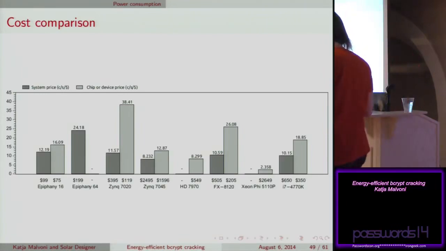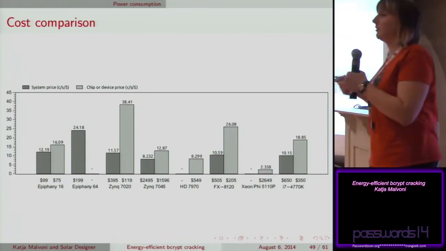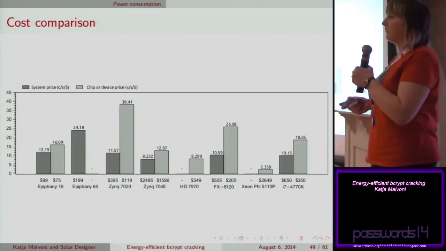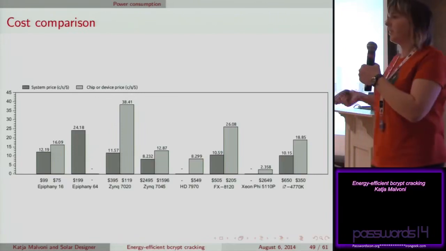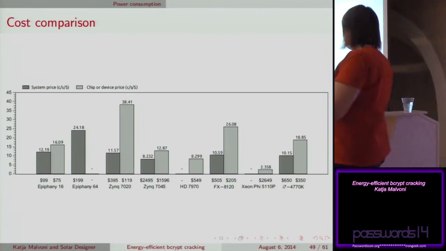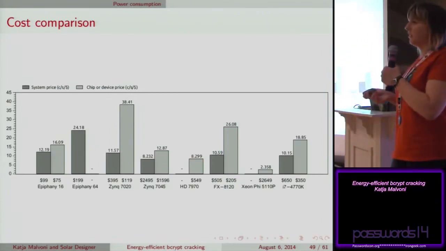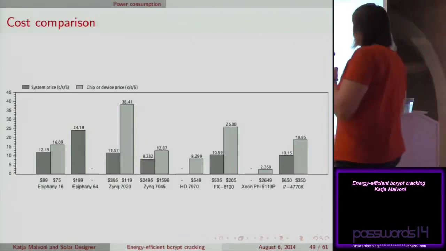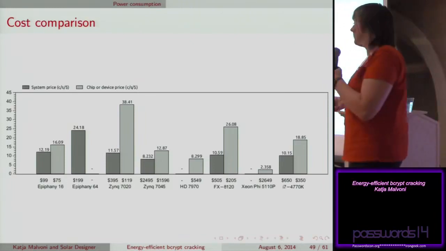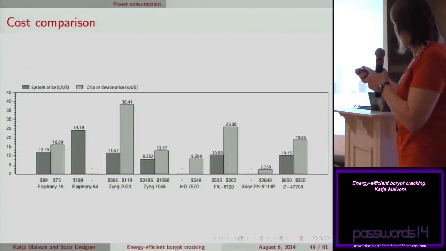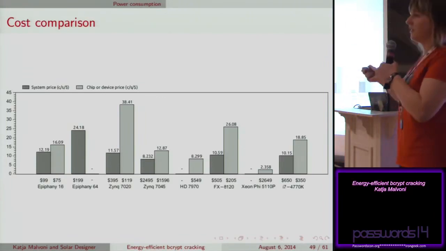Here it is important to note that all of these are prices at introduction, because it was the most fair to use the prices of brand new hardware; the older hardware prices dropped the most, so it would be an unfair comparison. And another important comparison is to look at system price and only device price.